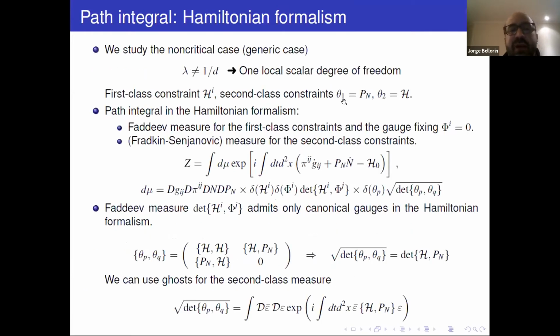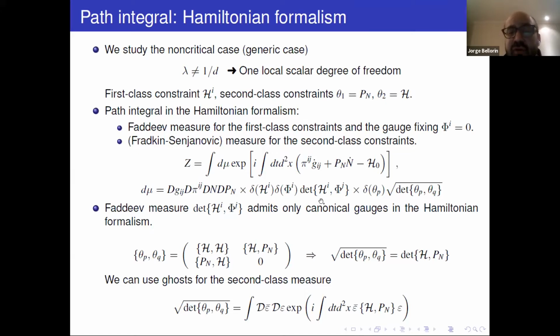So coming back to the generic case, when you are not located at this point, I start the quantization. As I mentioned, the idea is to consider the second-class constraints and the measure. This is the measure, the position of the constraint and the measure associated to them. And also, at the end, you have first-class constraints and a gauge symmetry associated to this constraint.